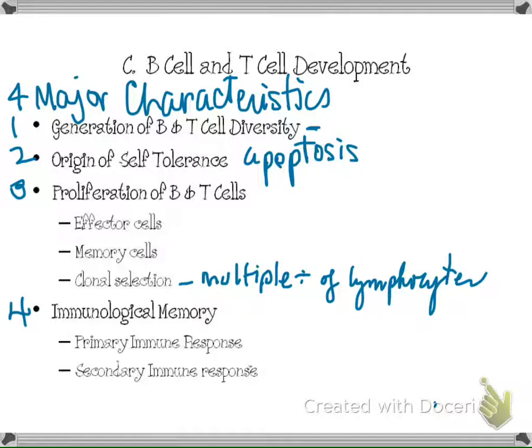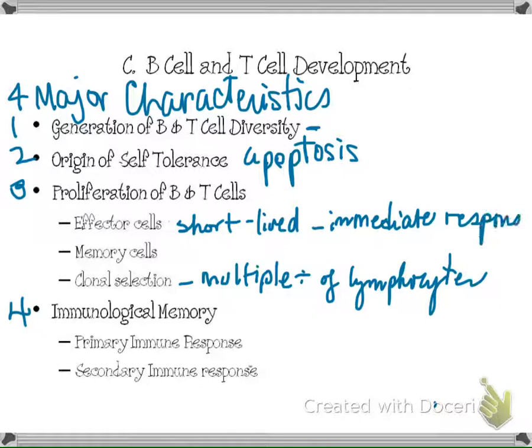Two types of clones are produced: short-lived effector cells. They have an immediate response against an antigen, which is good since they're short-lived, right?